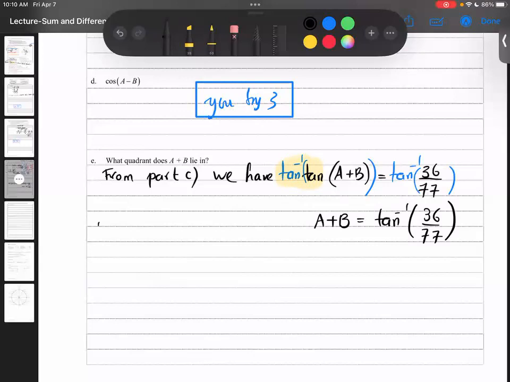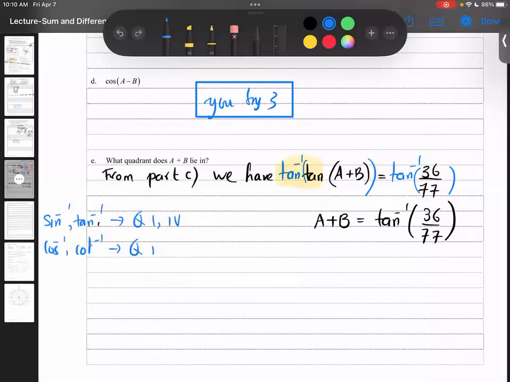Here, let me give you something maybe to help you on the final exam. For sine inverse and tangent inverse, you look for quadrant 1 and quadrant 4. For cosine inverse and cotangent inverse, you look for quadrant 1 and quadrant 2.